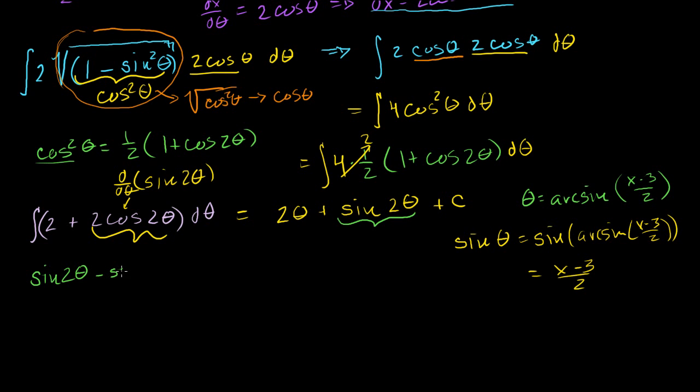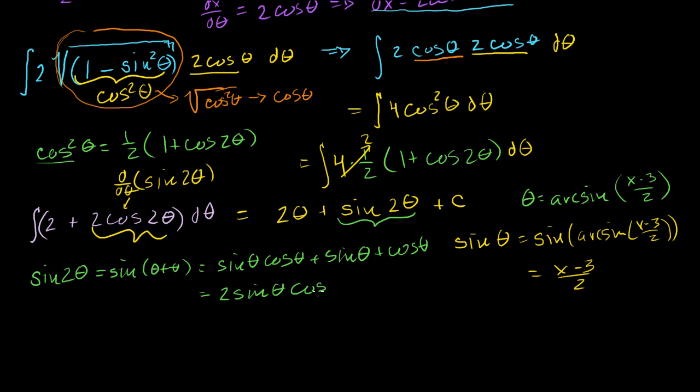That's equal to sine of theta cosine of theta plus, the thetas get swapped around, sine of theta plus cosine of theta, which is equal to, this is just the same thing written twice, 2 sine of theta cosine of theta. Some people have this memorized ahead of time, and if you're going to have to take an exam on trig substitution, it doesn't hurt to have this memorized ahead of time. But let's rewrite this like this.